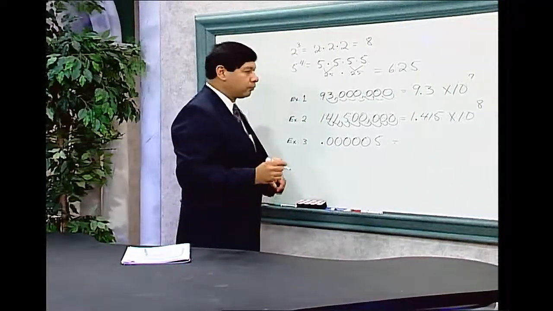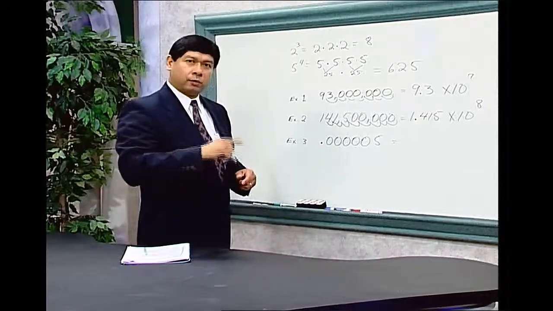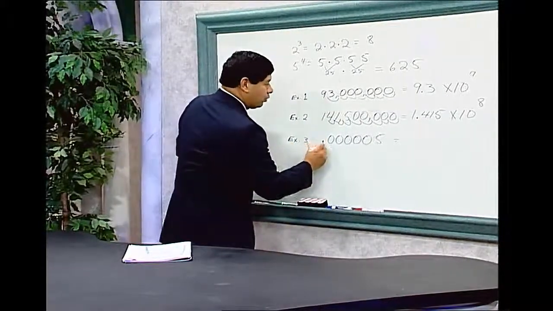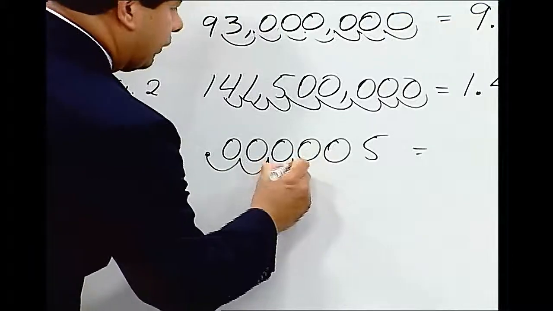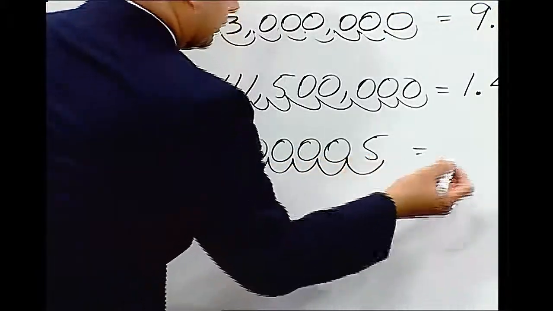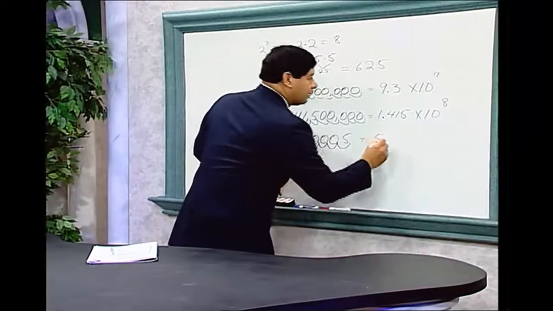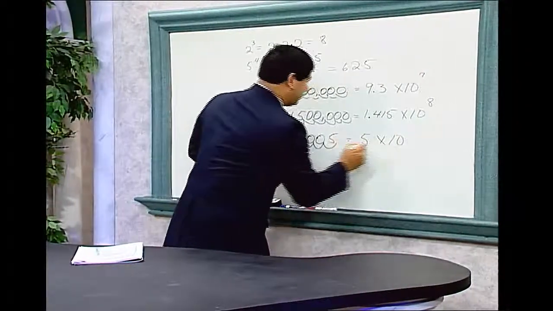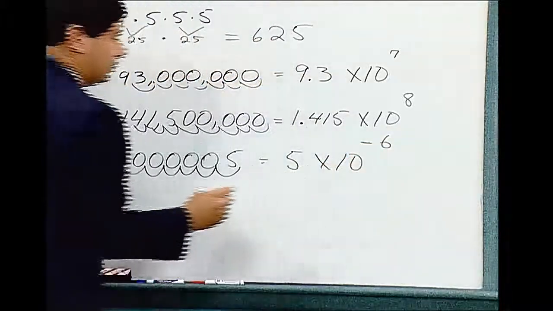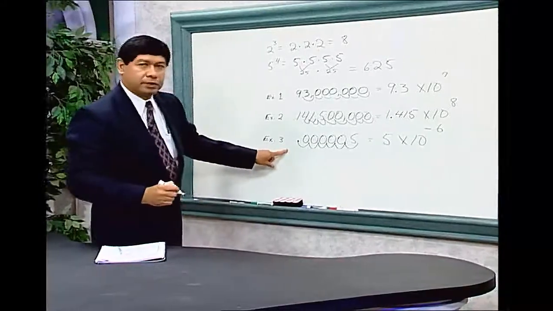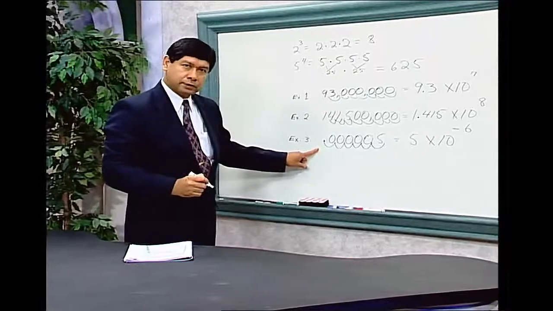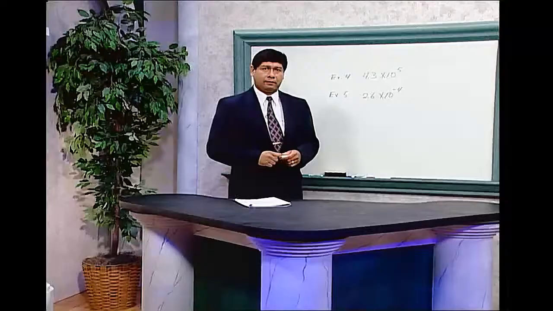Again, the thing to remember, we want our whole number to be between 1 and 10. 1, 2, 3, 4, 5, 6. So now we can write this as 5 times 10 to the negative 6. Why negative 6? Again, because we're moving our decimal point to the right.